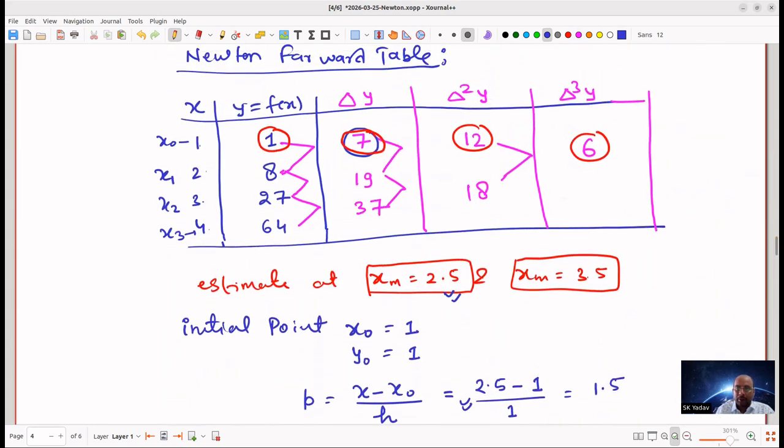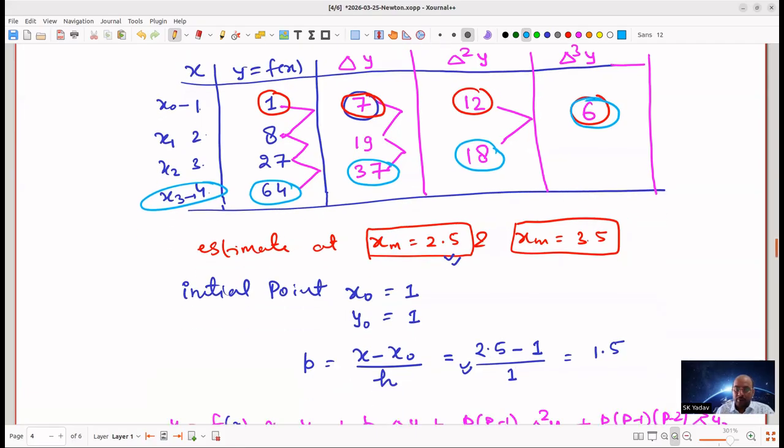As I said, we have to go for the last or bottom row. So I have x3 here as 4 and yn as 64. First backward difference is this one, second backward difference is this one, and third backward difference is this one.